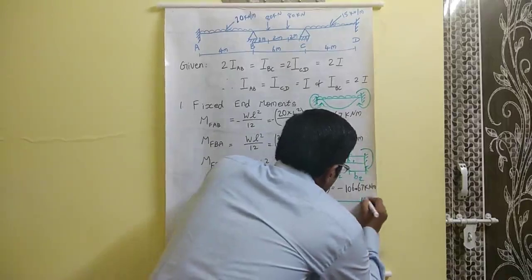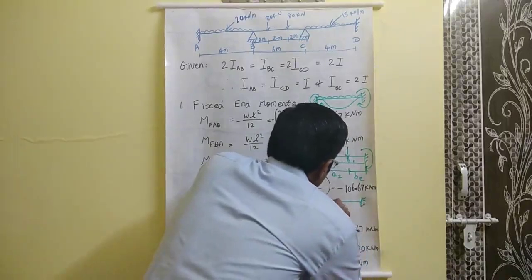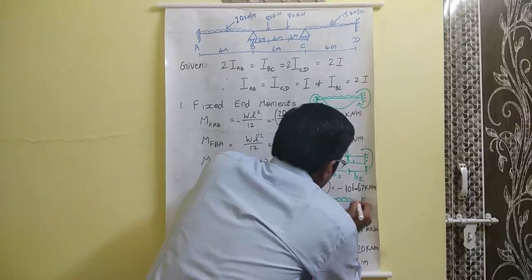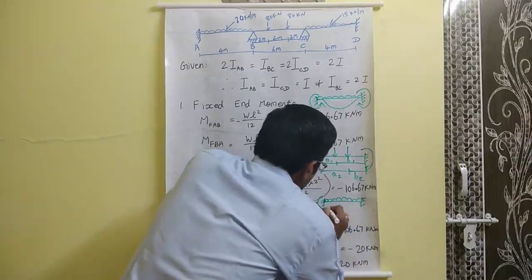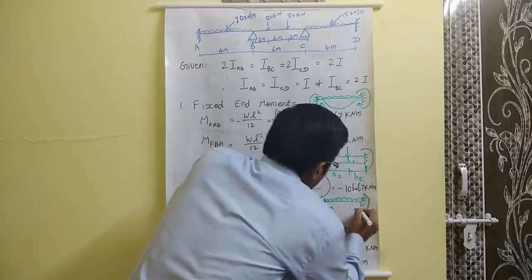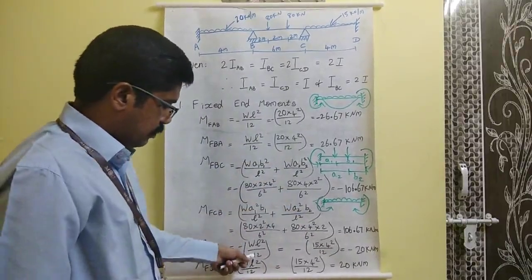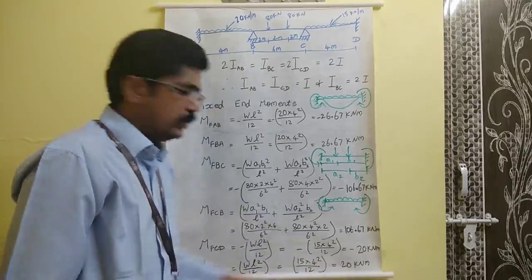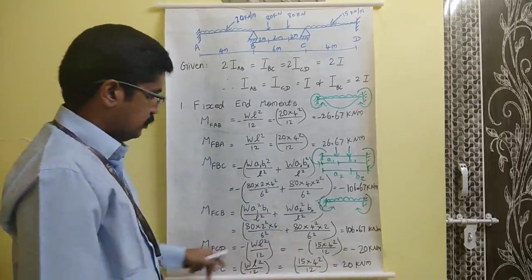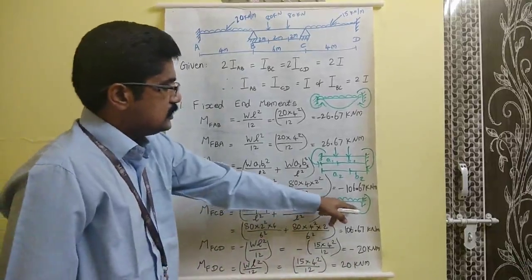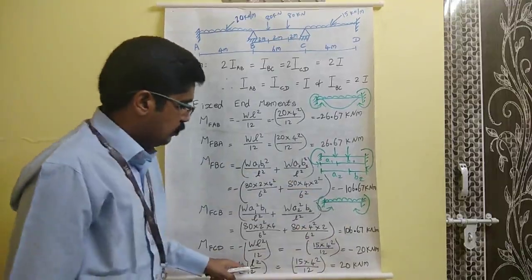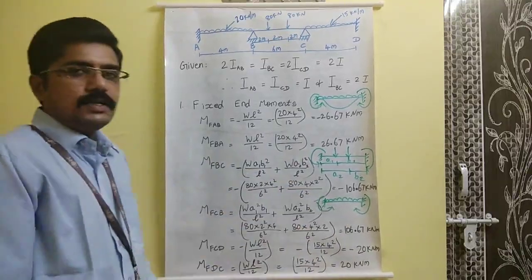It has a UDL load. At the left hand side we have the anti-clockwise direction, so I use minus WL square by 12. By substituting we get minus 20 kilonewton meter. At the right hand side, at D, we have the positive moment WL square by 12, so we get 20 kilonewton meter.